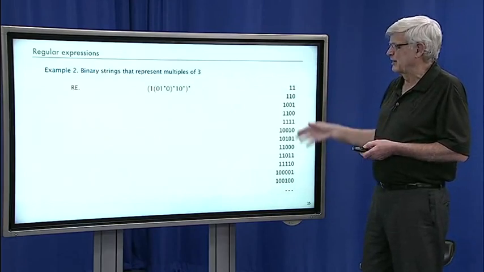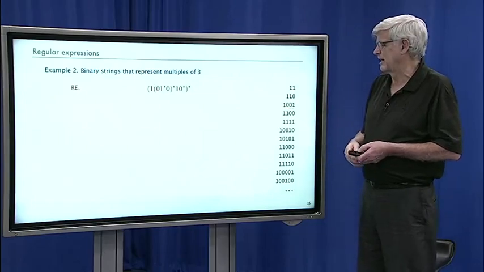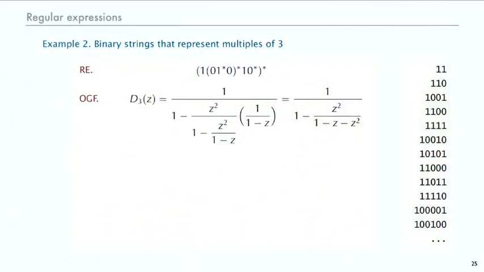So how many binary strings represent multiples of 3? Well, we can just apply the theorem to that regular expression, and we get this rational function that after a while we can simplify down to a simple ratio of two polynomials. This one actually expands explicitly with partial fractions. It's going to be asymptotic to 2 to the n minus 1 over 3.